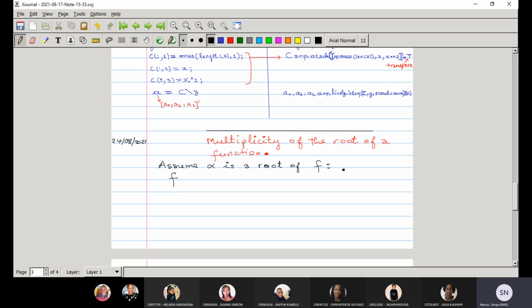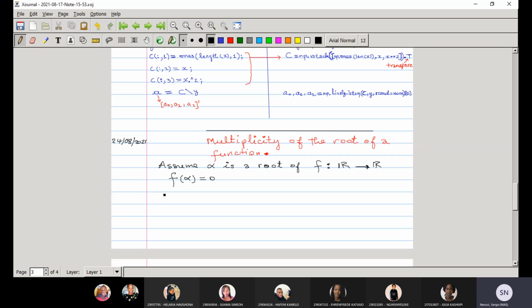We assume f is a scalar function of one variable. If it is a root, it means that f of alpha is equal to 0. This is what it means. Now the multiplicity of alpha, I will call it m.